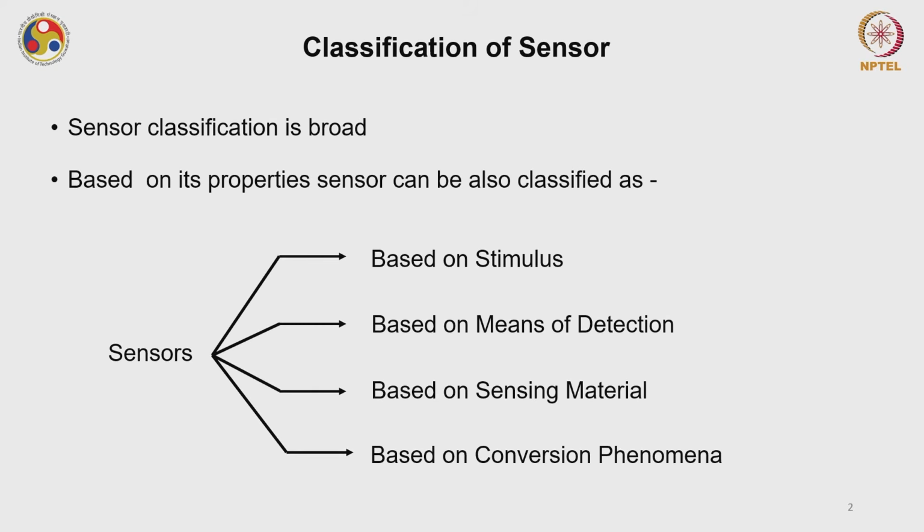So the sensors can again be divided based on stimulus, based on means of detection, based on sensing material, and based on conversion phenomena. In today's lecture, we'll try to understand these classifications, and we'll move towards the fabrication of these sensors. I will give you the basic concepts behind the fabrication of these sensors.